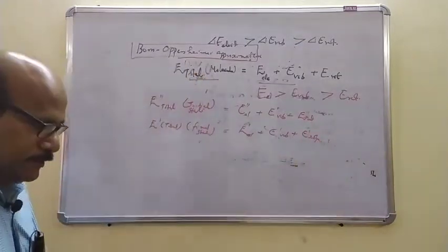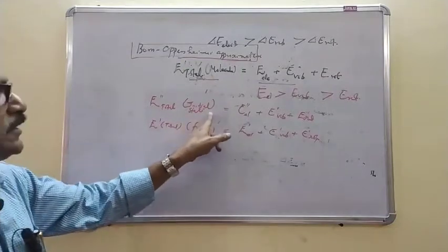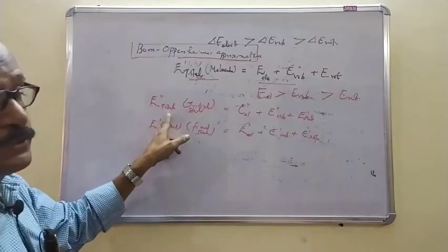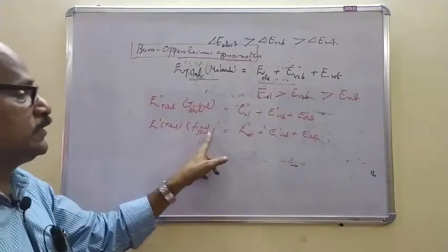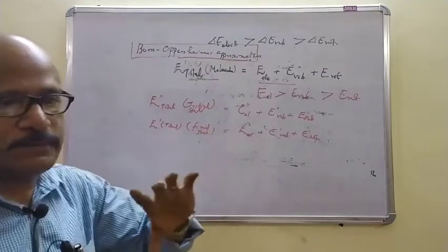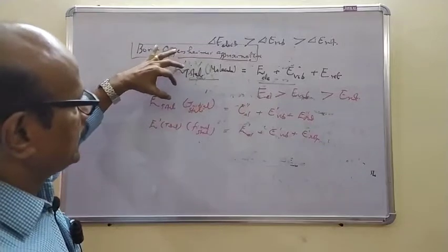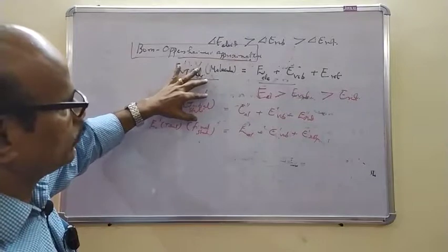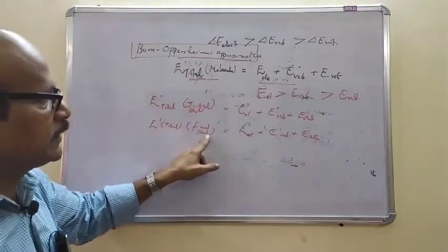So let us assume that E double dash represents the total energy of the system in the initial state, and E single dash represents the total energy of the molecular system in the final, higher energy state.